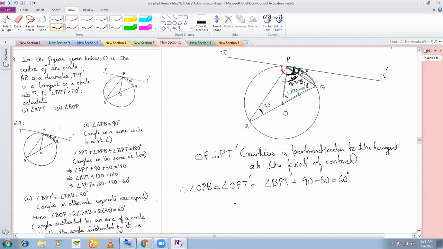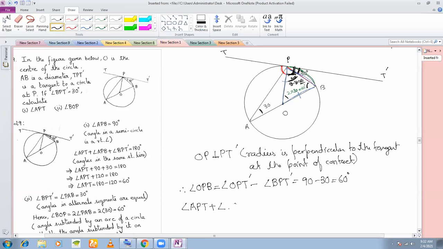Okay. So once we have got this as 60 degrees, now we shall use the fact that these are angles on the same straight line. Angle APT plus angle APT.